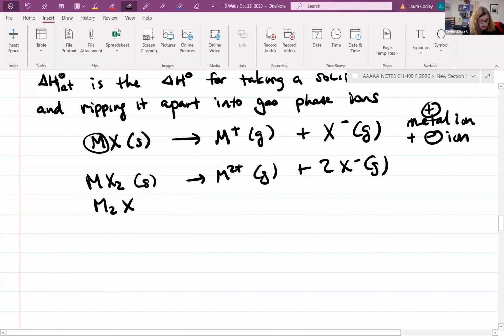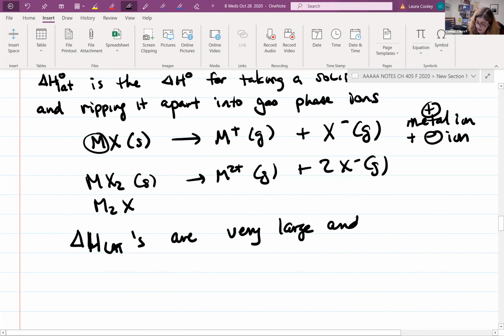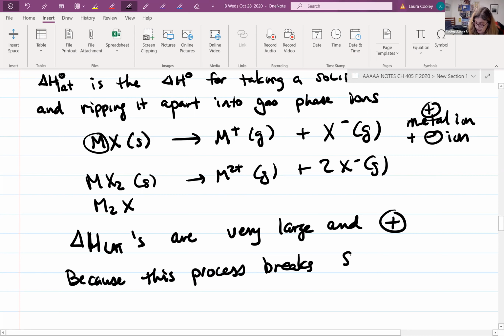And as you can well imagine, this takes a lot of energy. So lattice enthalpies are very large and positive. And that's because this process breaks a lot of ionic bonds. It breaks strong bonds.